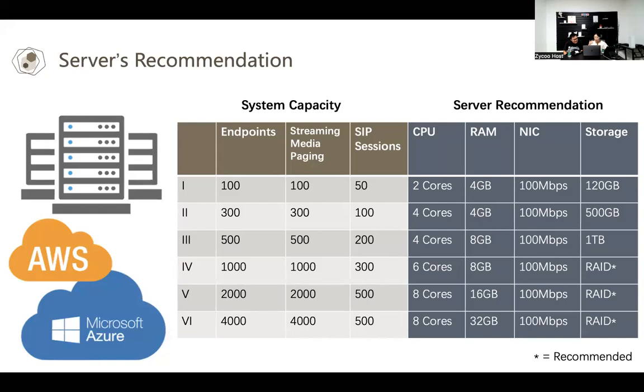It is very helpful when you are deploying the system on the cloud, to look at these capacities when choosing servers on AWS, or on Microsoft cloud servers if we're using Microsoft.